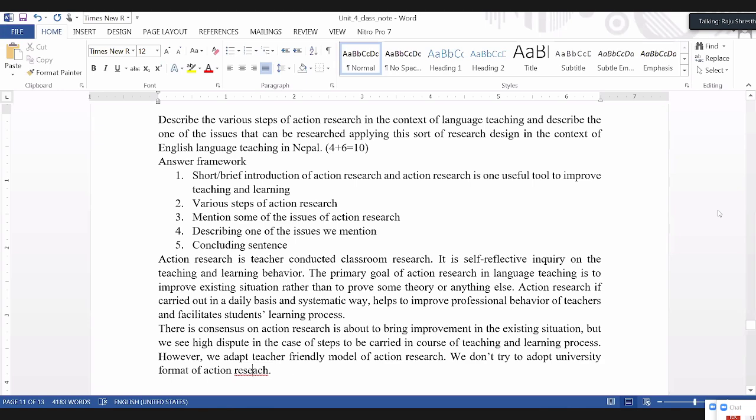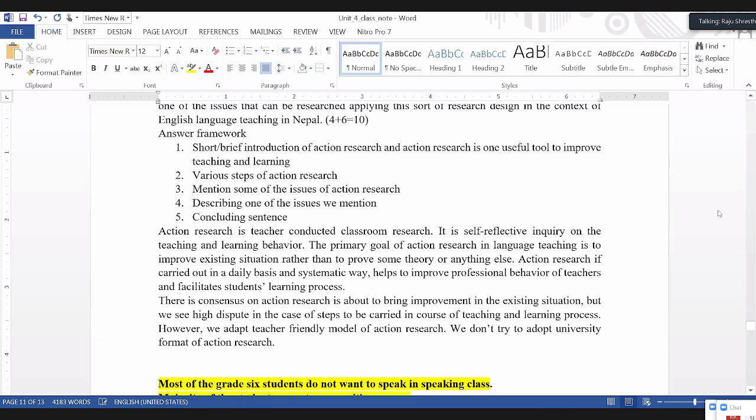Simply, we can follow the following steps.